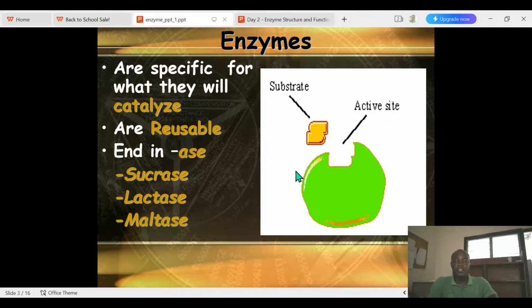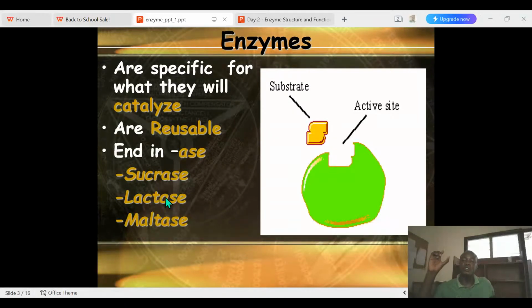In addition, enzymes always act on a substrate, and enzyme names usually end with ASE. For example, sucrase is an enzyme, lactase is an enzyme, maltase is an enzyme.